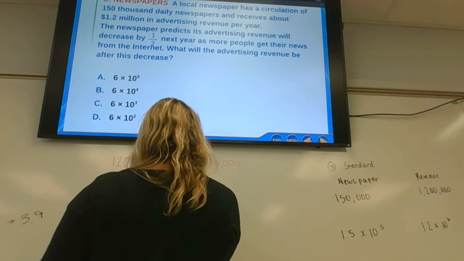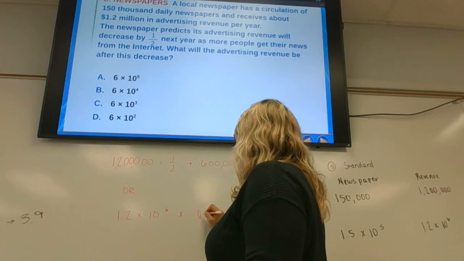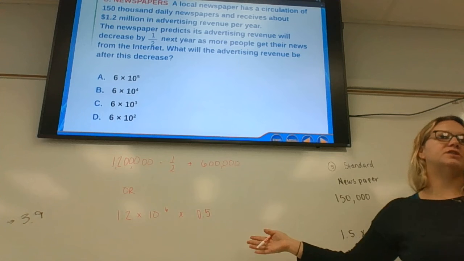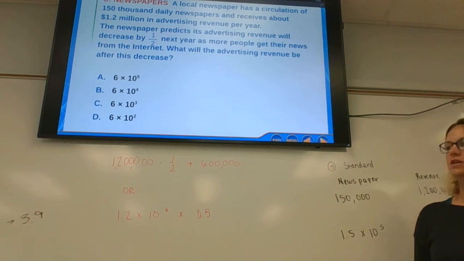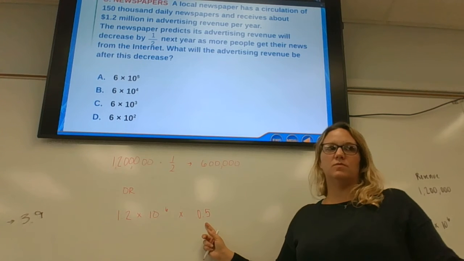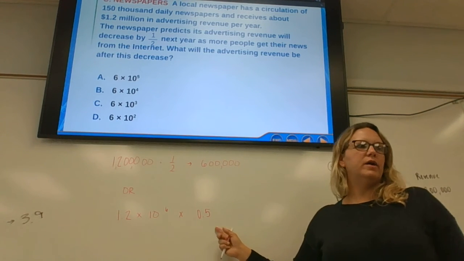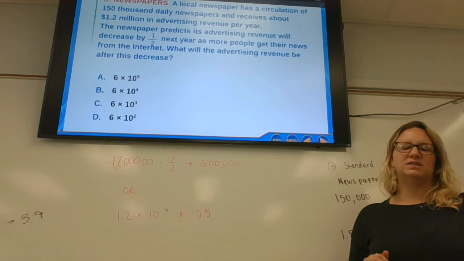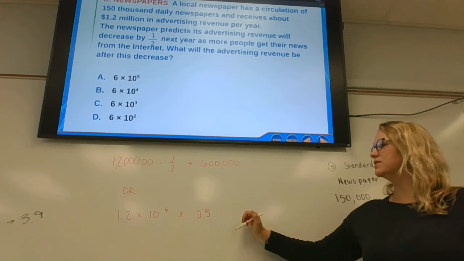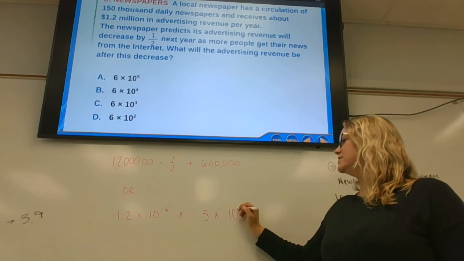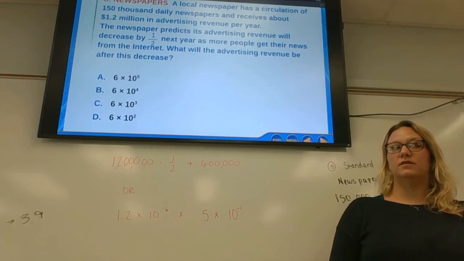I'd love to see you actually do this in scientific notation. So it's 1.2 times 10 to the 6 times 1/2, right? How do you write 0.5 correctly in scientific notation? This is not scientific notation. It would be 5 times 10 to the negative 1. Okay?